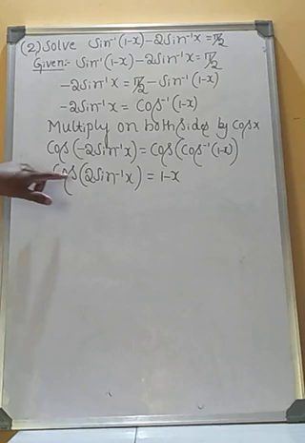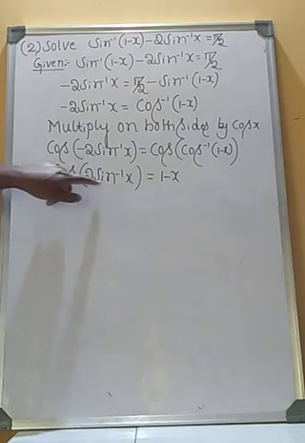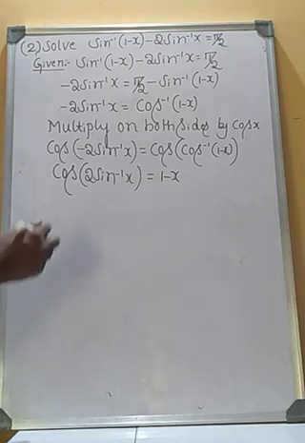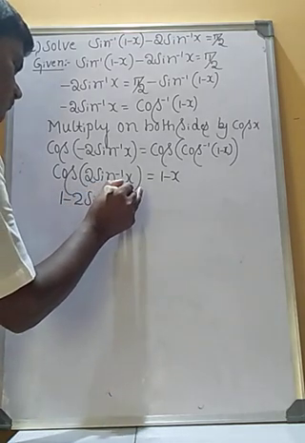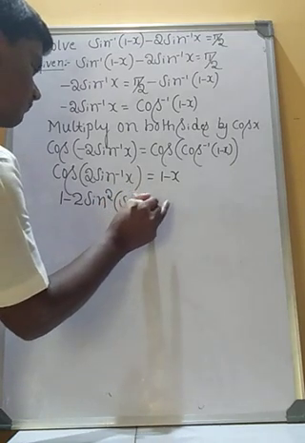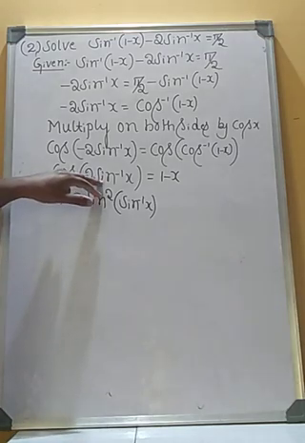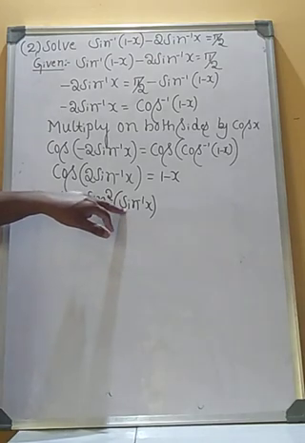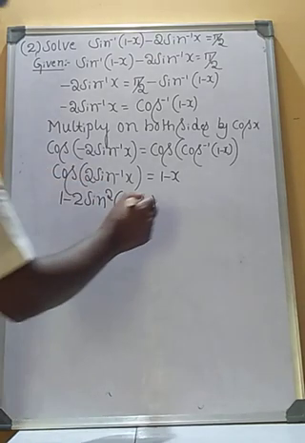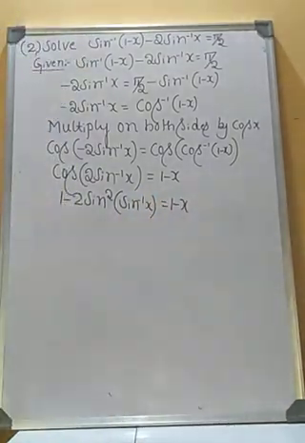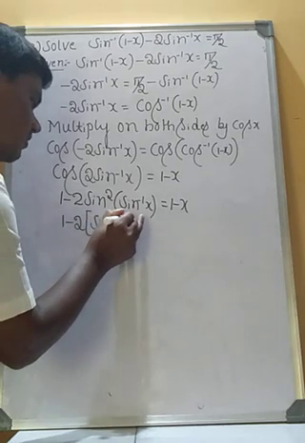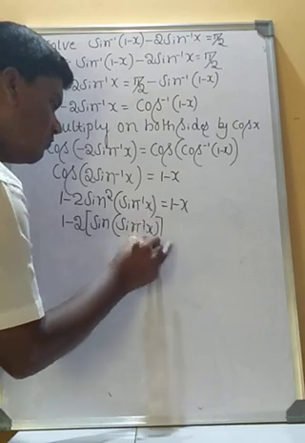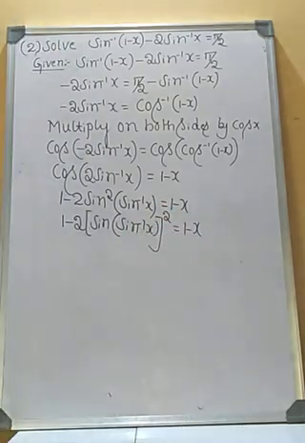On the left hand side, cos of 2 sine inverse x is of the form cos 2x, using the formula cos 2x equals 1 minus 2 sine square x, where x is sine inverse x. So 1 minus 2 times (sine of sine inverse x) whole square is equal to 1 minus x.